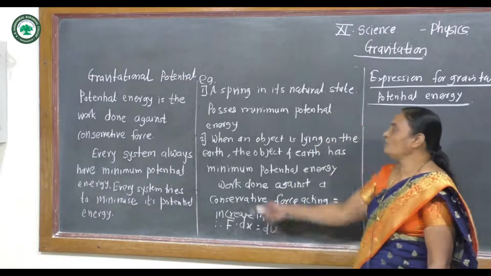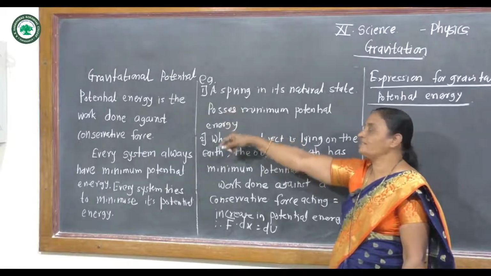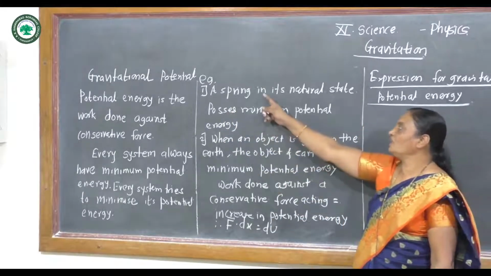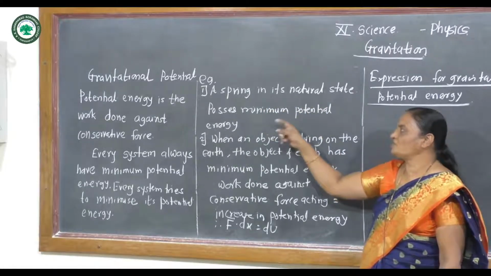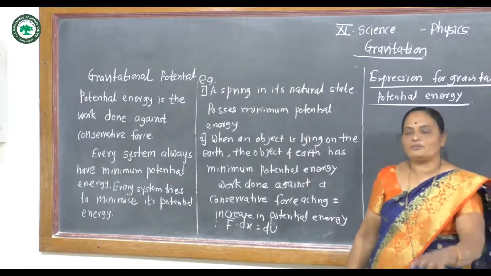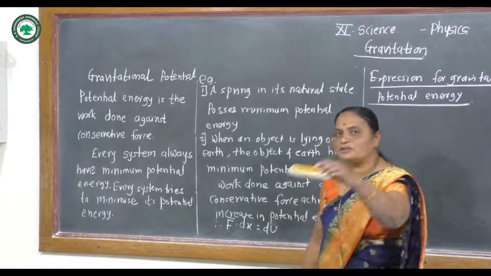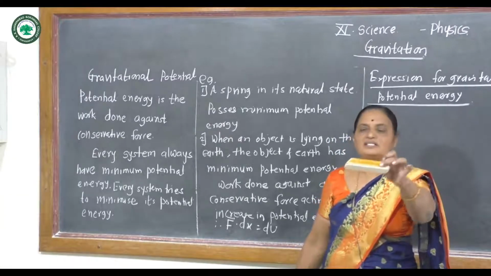Now here, for potential energy or gravitational potential, we have some examples. A spring in its natural state possesses minimum potential energy. Any object, due to its position, has potential energy.